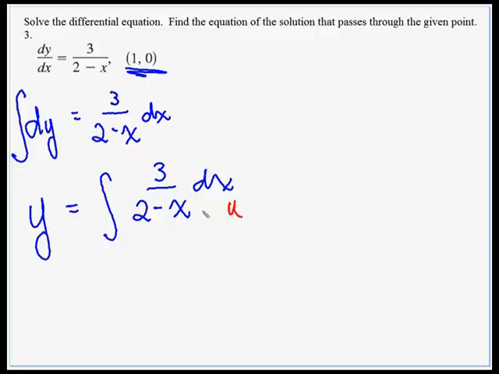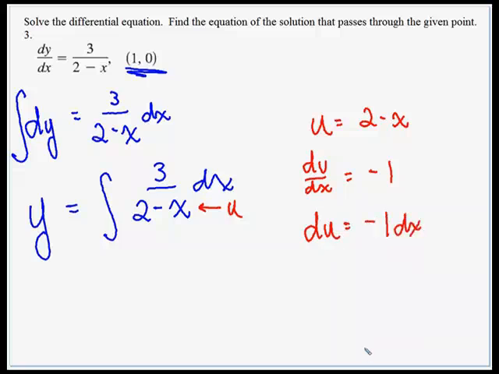So if we think about our denominator as our u equals 2 minus x, the derivative of that, du/dx, would equal negative 1, and then we'd multiply both sides by dx. du equals negative 1 dx. Do we have a negative 1?